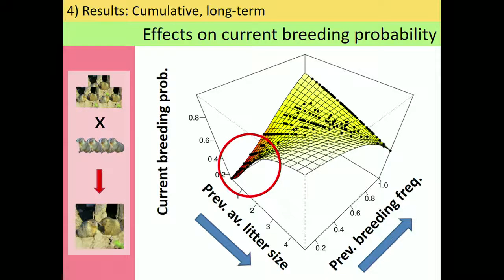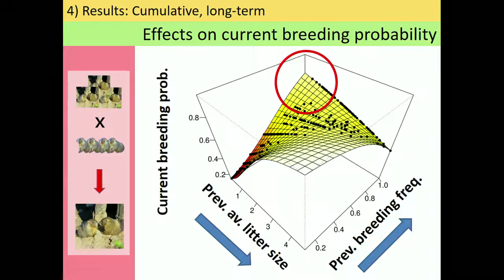Now, if I can draw your attention to this bit, this shows that individuals with the lowest previous breeding frequencies and the fewest pups in the past on average have low current breeding probabilities. So they're just doing persistently badly, according to this model. Then you can see a lot of observations are on this saddle, at intermediate values.